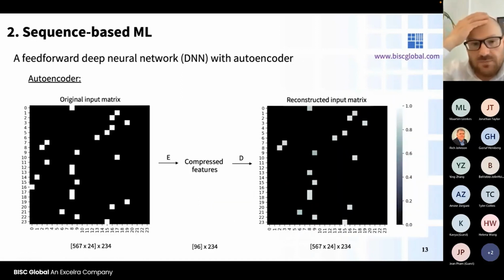So this is how it looks when you do compression and decompression. You get roughly the same results as the original matrix, but it's important to recognize that the dimension of the compressed one became 96 by 234, whereas the original one was much higher.